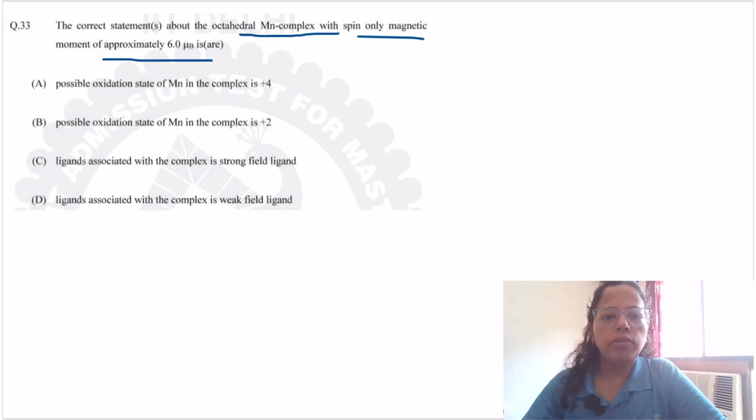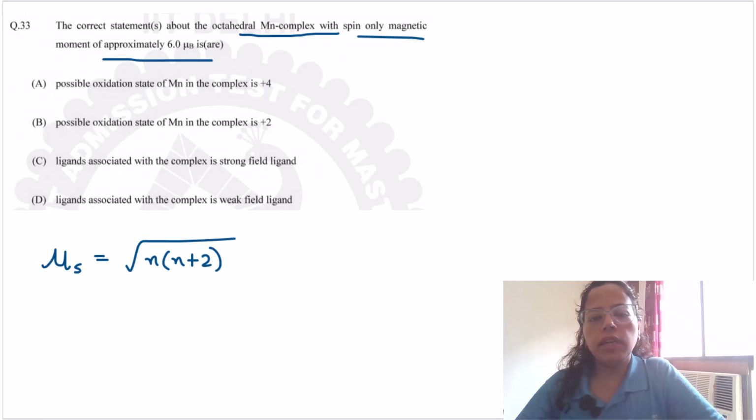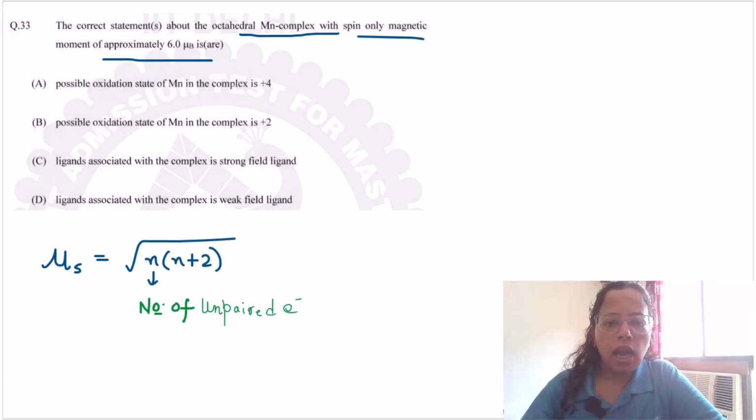You know the mu spin-only formula: it is the square root of n into n plus 2, where n is the number of unpaired electrons. This mu has been given to us as 6, so the n into n plus 2 value is 36.